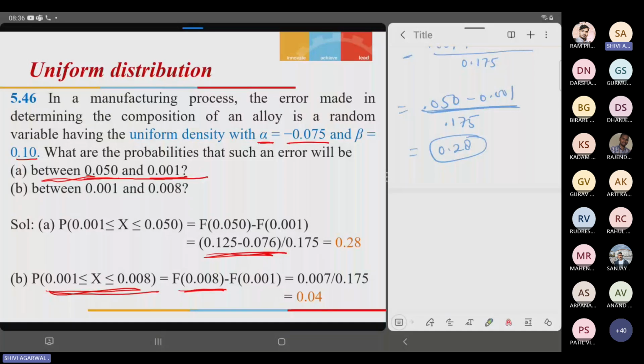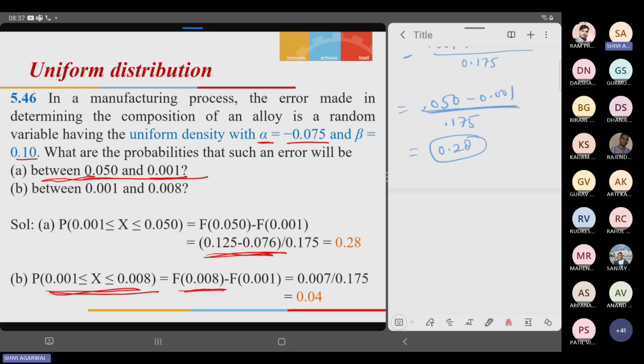You can also use the PDF, no problem, but in that one you have to do more calculations.